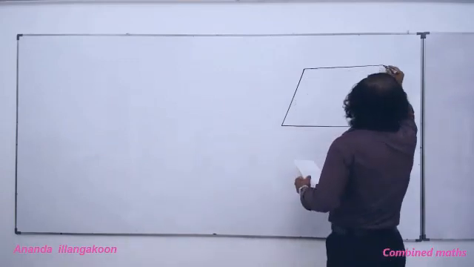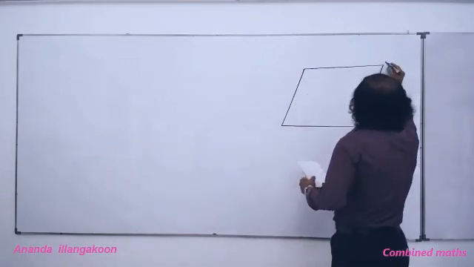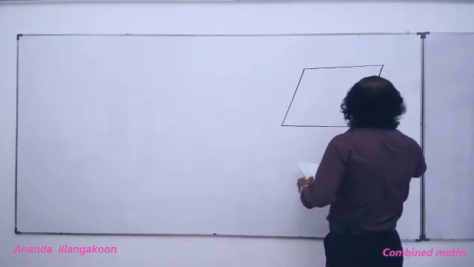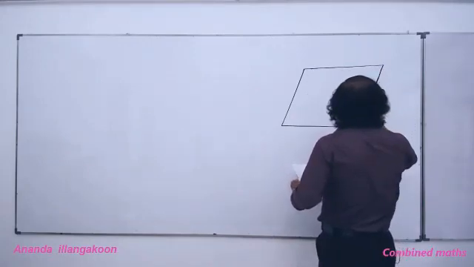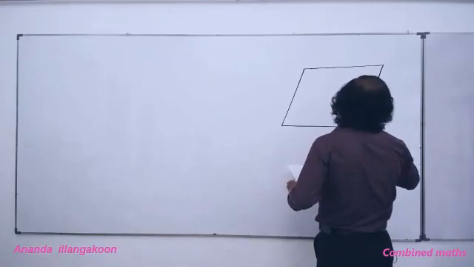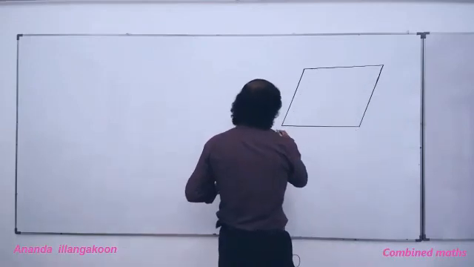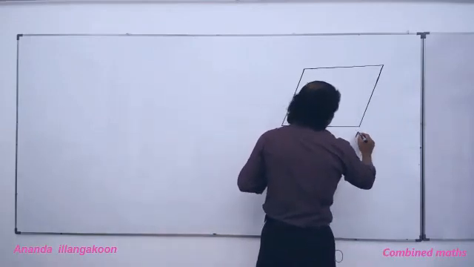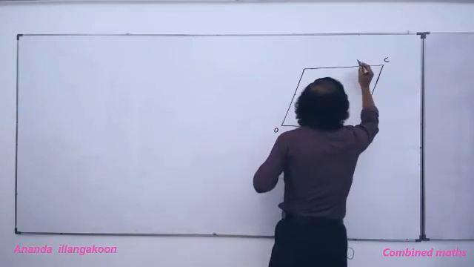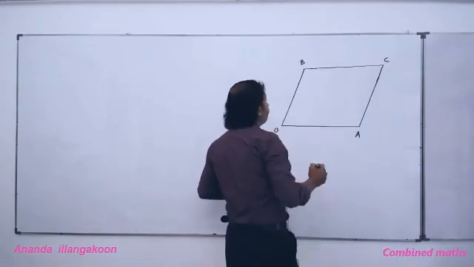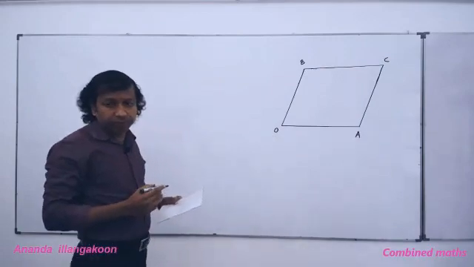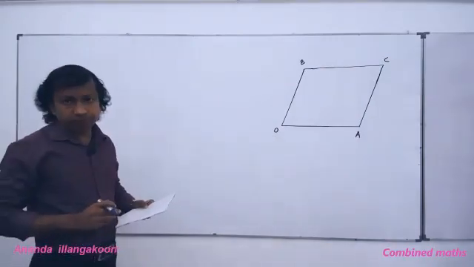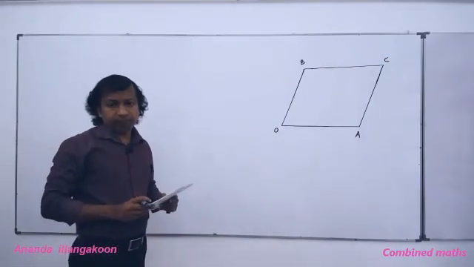This is the parallelogram, therefore O, A, C, B. When this is a parallelogram, people, opposite sides are equal in length and they are parallel.